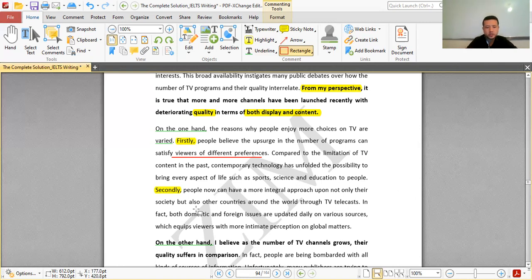Here you may use a linking device, for example, the relative clause, which is very useful and shows a high level of grammar structure. It helps to create complex and compound grammar structures, guys, because using a variety of structures is very important in terms of grammar, the point for band 7 plus.